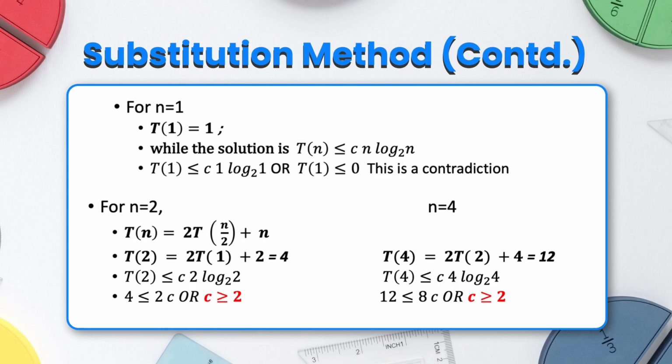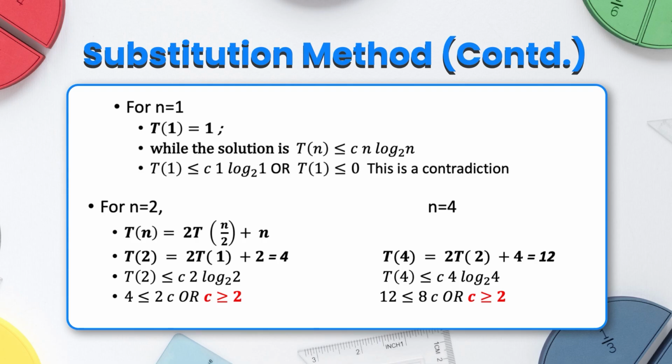So let us check our Cn log 2n. Why are we checking this? Because we have assumed that this particular recurrence relation can be bounded by the order n log 2n. Therefore, we need to find the value of C at which this is greater than T(n).